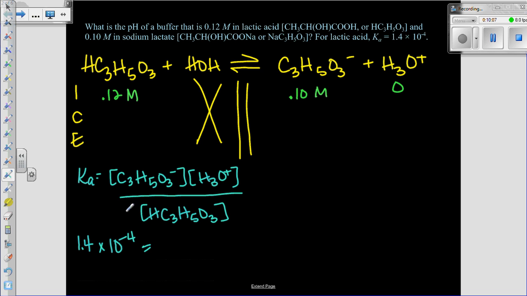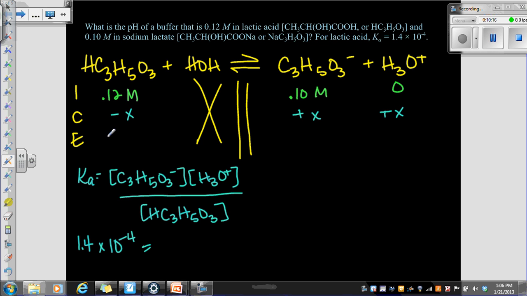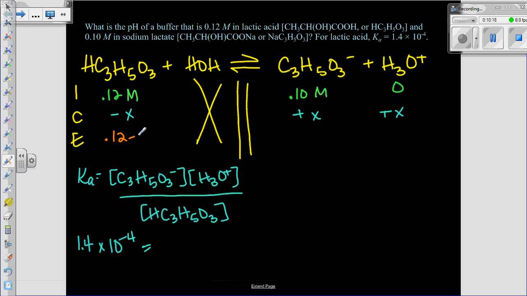The 0 is on the product side, so the product side will go up by x, the reactant side will go down by x, and I will have 0.10 plus x times x divided by 0.12 minus x.